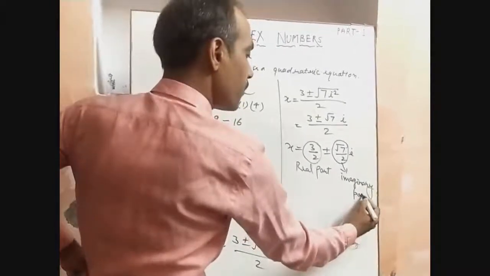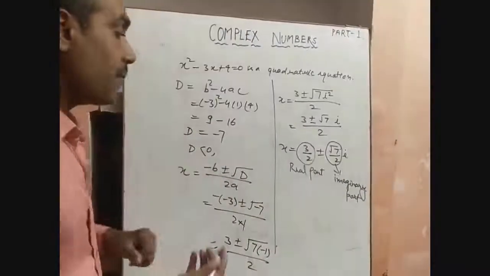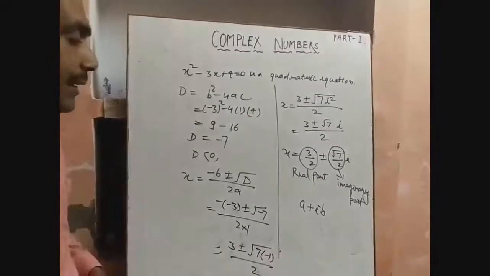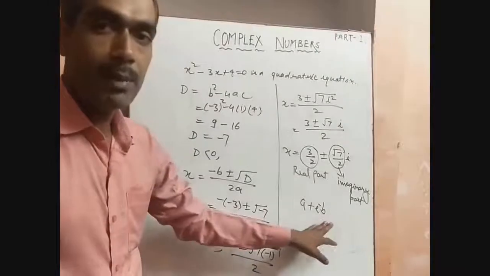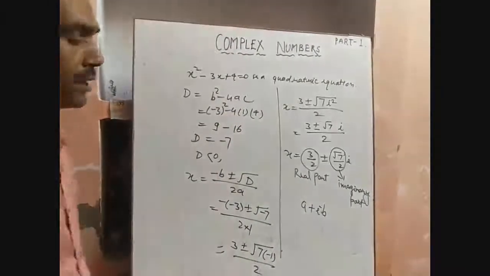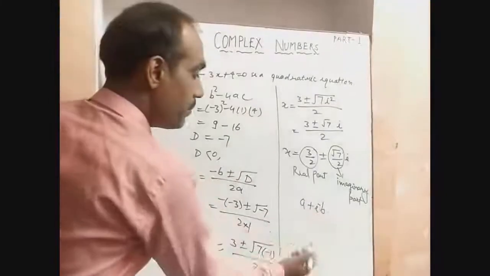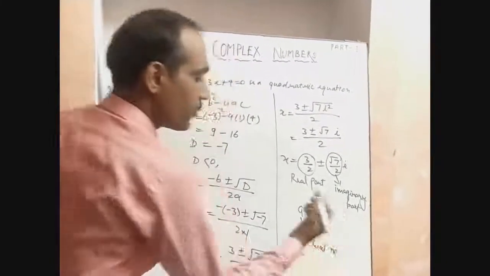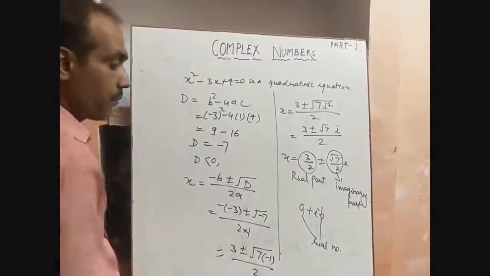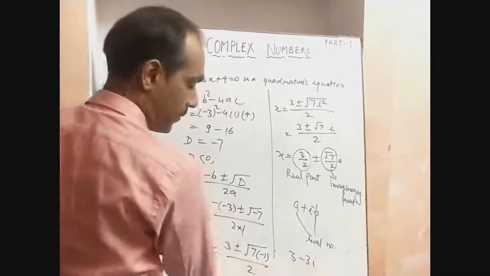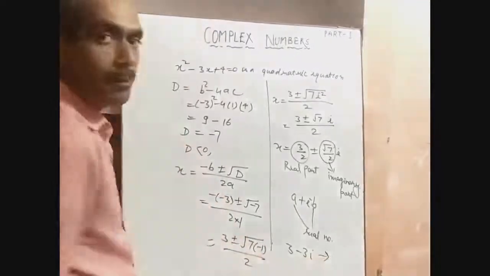Okay. And this type of number, a number which can be written in the form a plus ib, is called a complex number, where a and b both are real numbers. Okay. Like 3 minus 3i, this is a complex number.